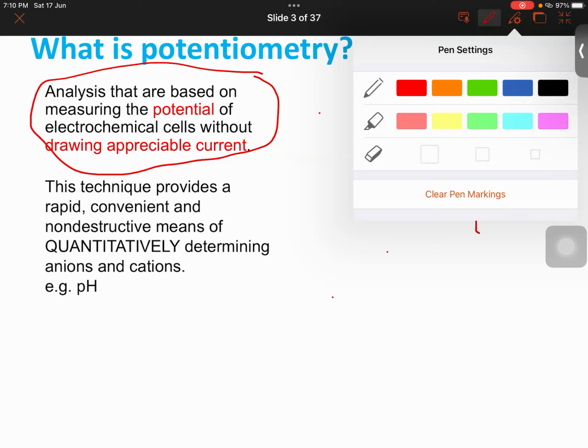So that's the principle of potentiometry.